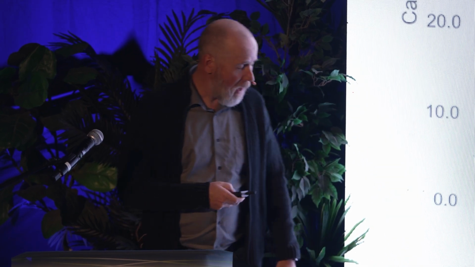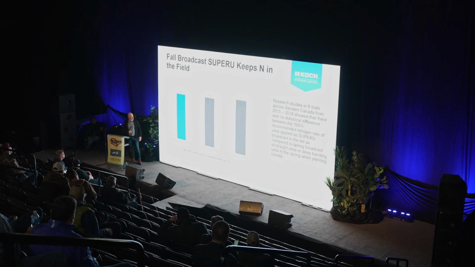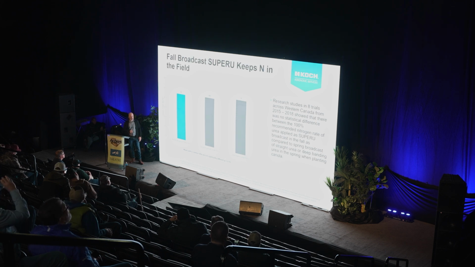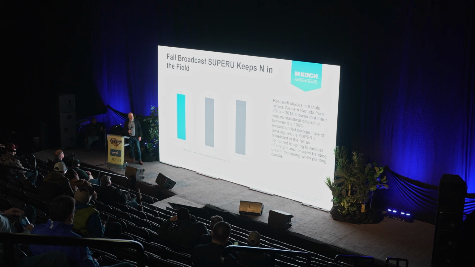This would be an application with a dual inhibitor in the fall compared to broadcasted, so a very high risk situation in terms of nitrogen loss. Looking at it compared to a spring broadcast of untreated urea, again a higher risk, but not as high a risk, because it is closer to time of planting.